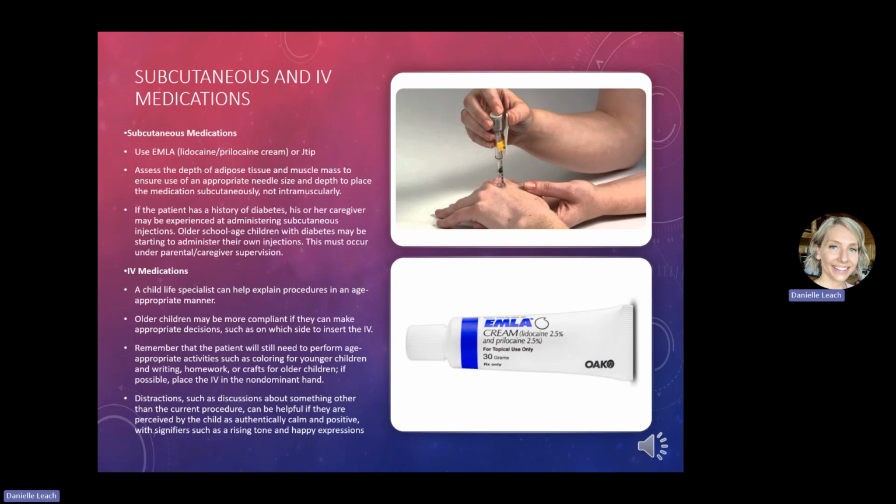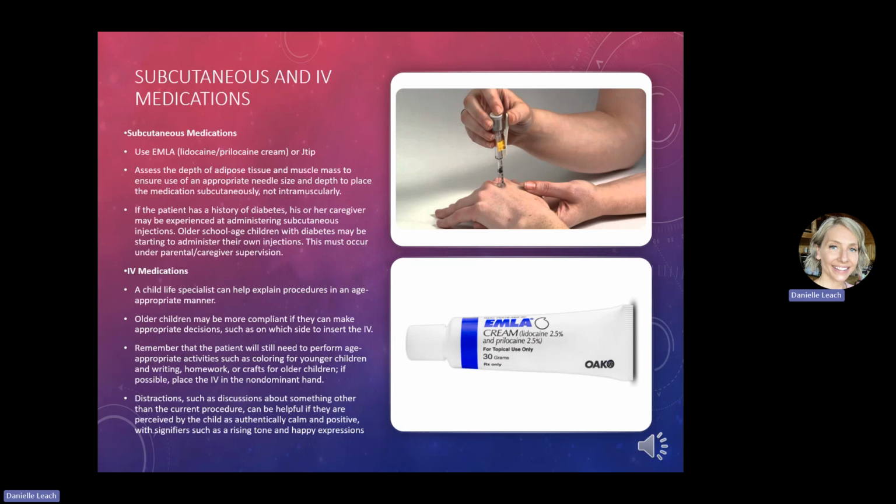If the child does have a history of something like diabetes, where they are already experienced at doing their own subcutaneous injections, or their parents are experienced at it if they're a little bit younger, they could be able to do that in the hospital as well. This is just something that you want to make sure that you are supervising them when you do it and charting appropriately.